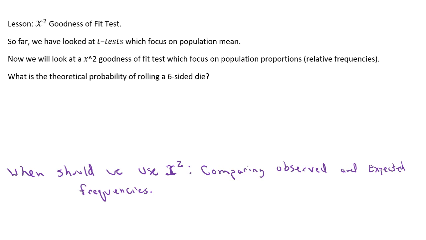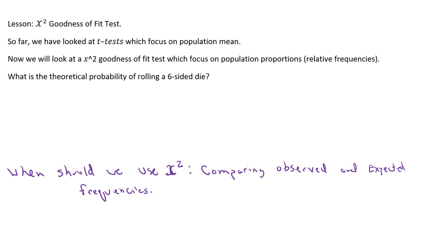So what this is trying to do is, say you know a theoretical probability and you do your own experiment, and you're comparing, does the experiment actually give you the theoretical? It's comparing what has been observed versus what is expected to happen. So that's when you use this type of test.